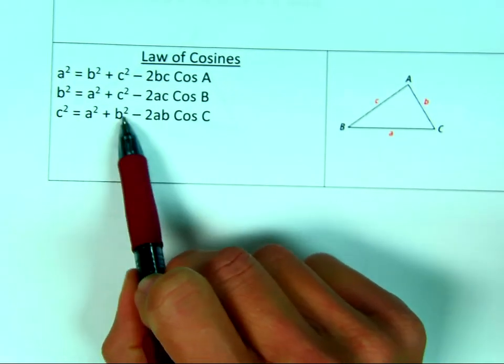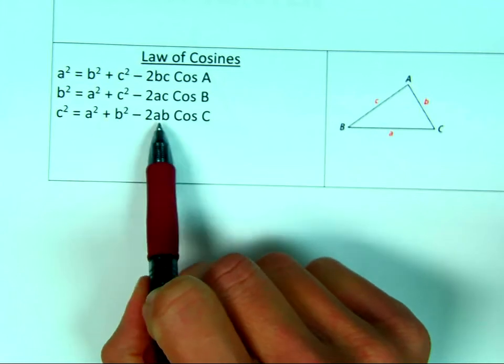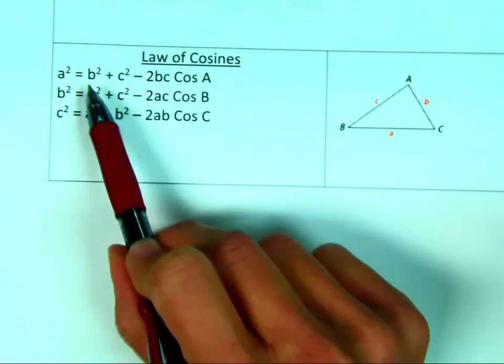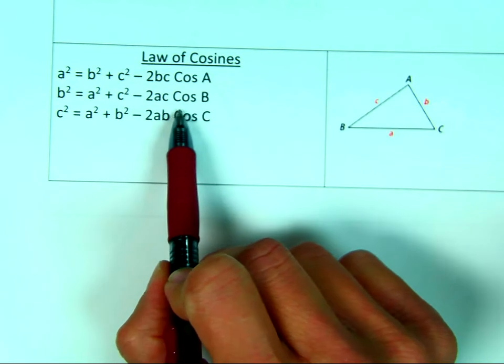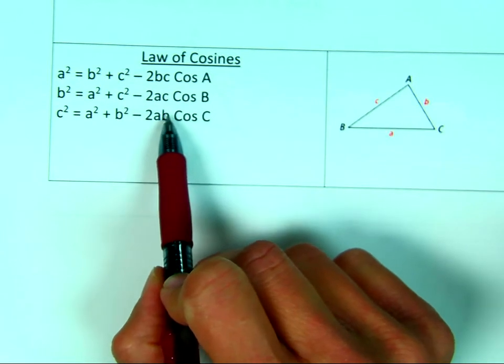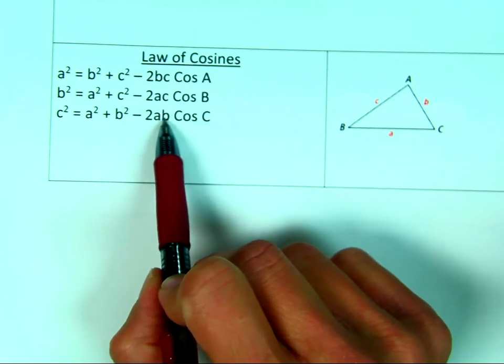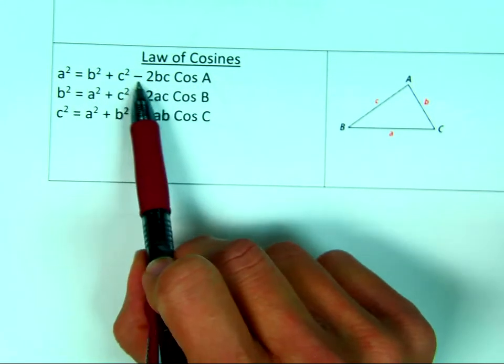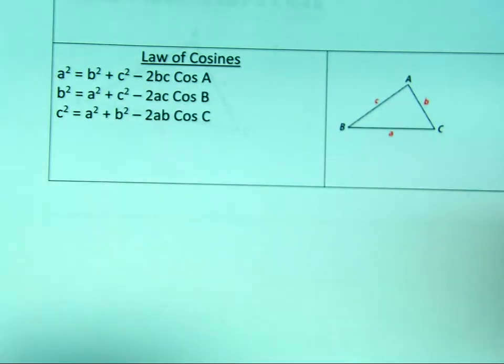Then the a squared, b squared are the other two sides. Notice that a and b are the same here, a and c, and b and c. If you have to memorize it, it's really important to notice the differences in the formulas. So it's the side opposite the angle, and then these guys are the same in the minus 2bc. You've got to just memorize that.